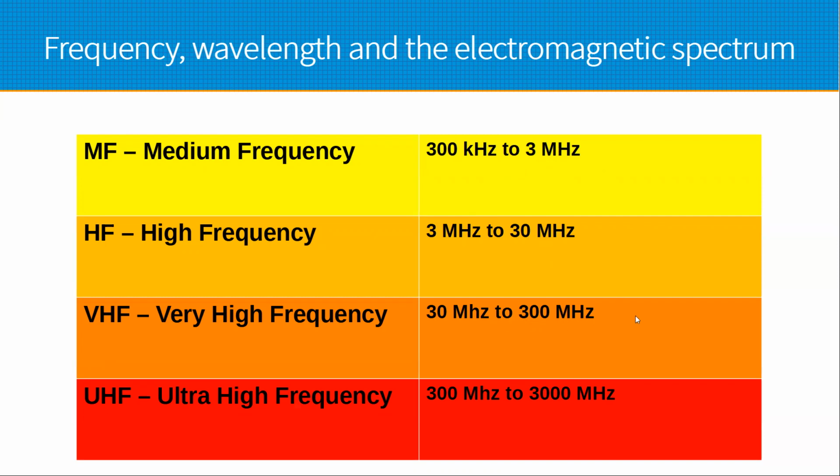VHF is 30 to 300. That one will come up again in the safety section because that's the maximum exposure frequency band. Your body is most susceptible at 50 megahertz, so that entire 30 to 300 is the minimum exposure you're allowed. And UHF is 300 to 3000.